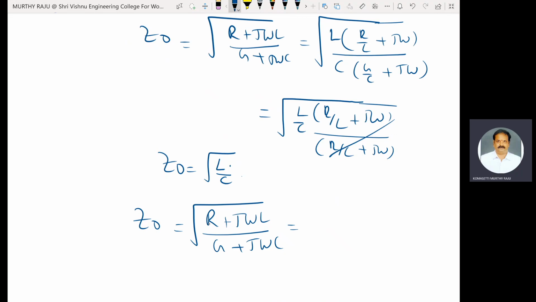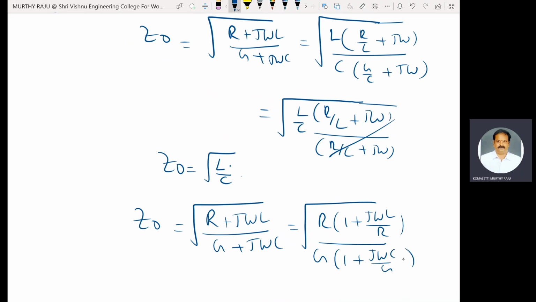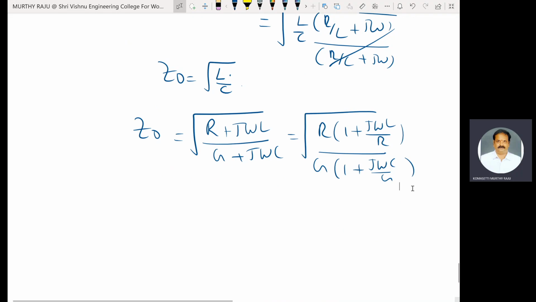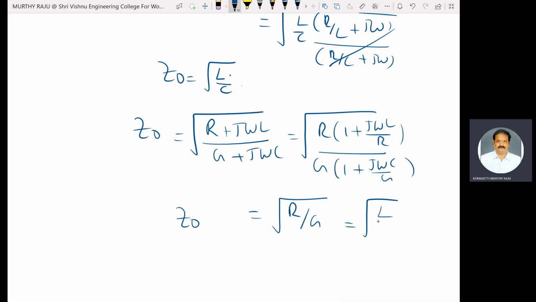Here R is the common term, giving 1 plus j omega L by R, and G is the common term, giving 1 plus j omega C by G. For the distortionless transmission line condition, R by L is equal to G by C, or L by R is equal to C by G. Therefore Z0 is equal to root of R by G, which is equal to root over L by C.